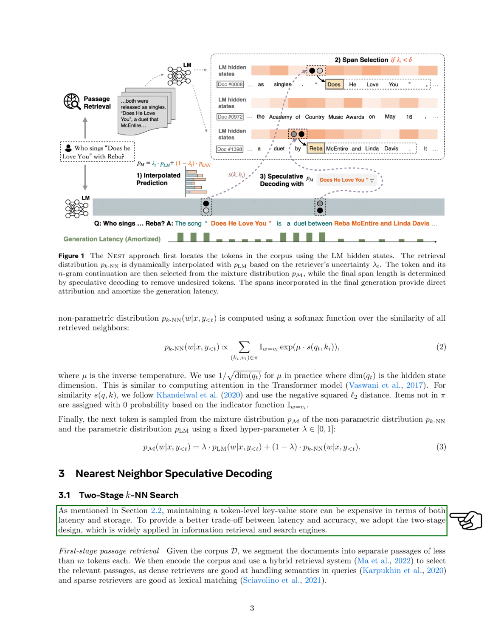Moving on to the two-stage kNN search, we acknowledge that maintaining a token-level key-value store can be costly in terms of both time and storage. To strike a balance between speed and accuracy, we implement a two-stage approach commonly used in information retrieval systems. In the first stage, we divide the documents in our corpus into smaller passages and use a hybrid retrieval system to select relevant passages efficiently.